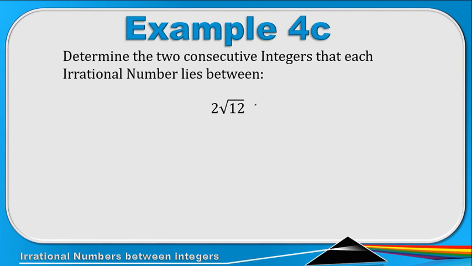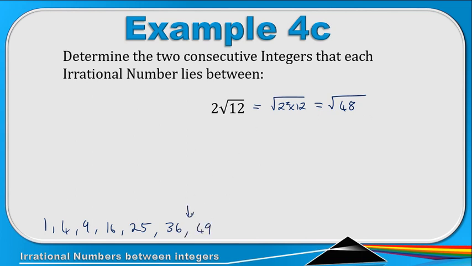So if I just write that out, we get 2 squared times by 12, and then this becomes 48. All right, now let's write out our numbers. 1, 4, 9, 16, then we have 25, we've got 36, and then we've got 49. Okay, so 48 lies between 36 and 49.